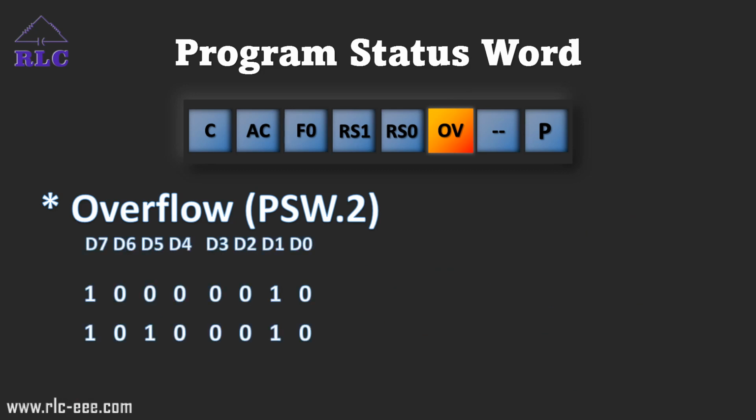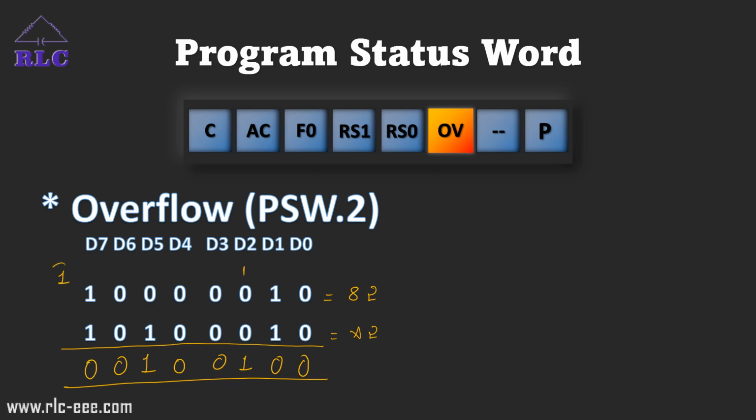We'll take one example. This is 82 and this is A2. Now, when we add these two, 0 plus 0 is 0, 1 plus 1 is 0 with a carry of 1, and so on, and finally 1 plus 1 gives 0 with a carry of 1. Now we can see that from the 6th bit, that is D6, the carry generated is 0.